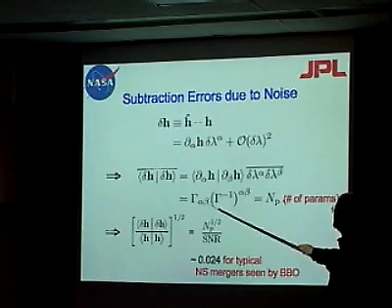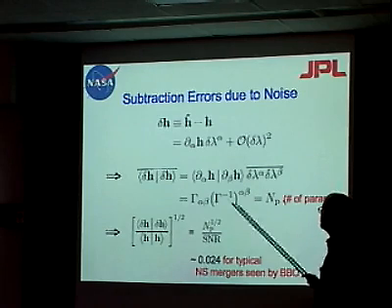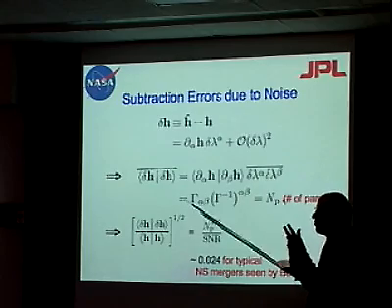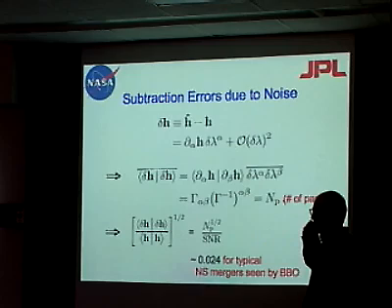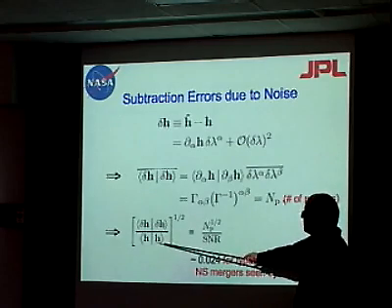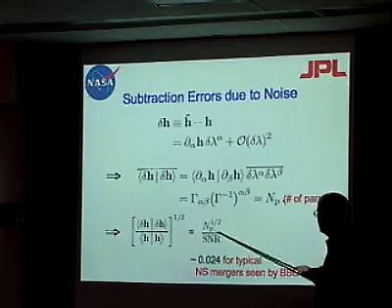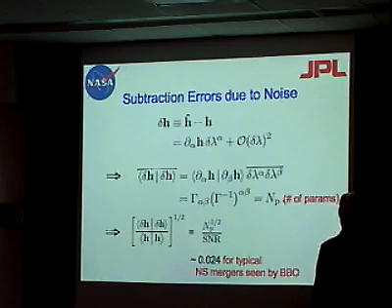So it's just the trace of the identity, which is the number of parameters. That's the norm of the error you make. So the norm of the error divided by the norm of the signal is the square root of the number of parameters over the signal to noise.